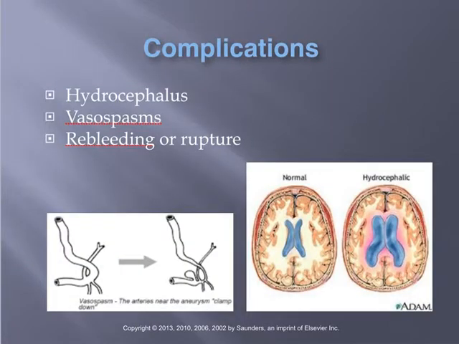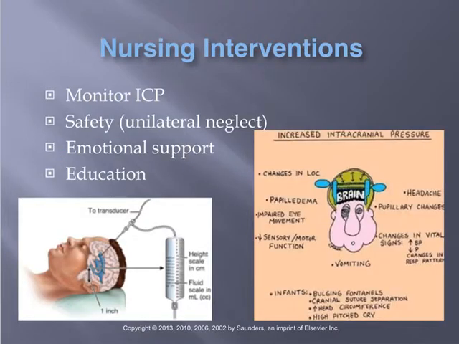Some complications that can occur post-stroke: hydrocephalus, vasospasms, or with hemorrhagics, rebleeding or ruptures. What are our nursing interventions? How do we monitor increased intracranial pressure? We've kind of touched on this a little bit.